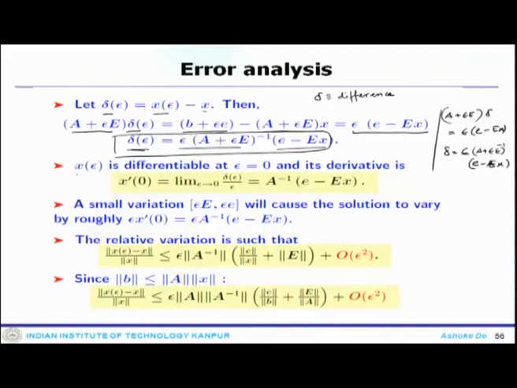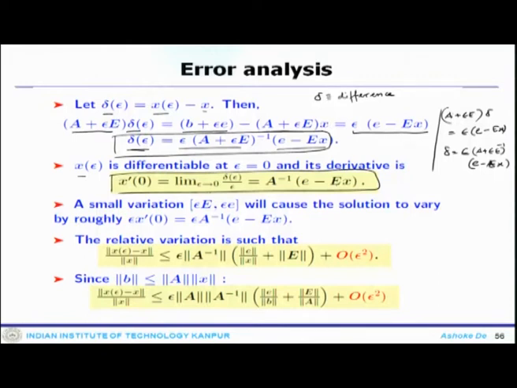What you find out next is that x epsilon is differentiable and its derivative is x prime 0, with the limit as epsilon tends to 0 of delta epsilon by epsilon. Whatever delta you have obtained here, in the limiting sense, when epsilon tends to 0, this should get me back A inverse multiplied with (e minus E x).